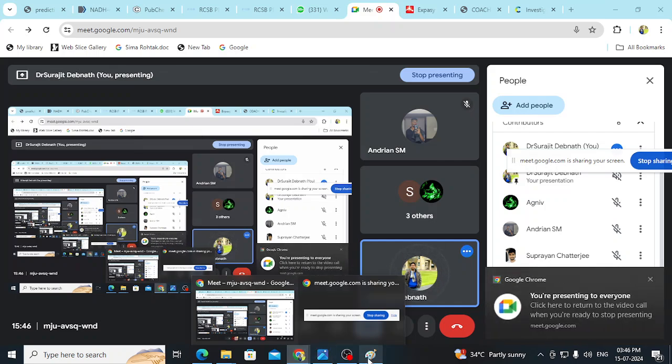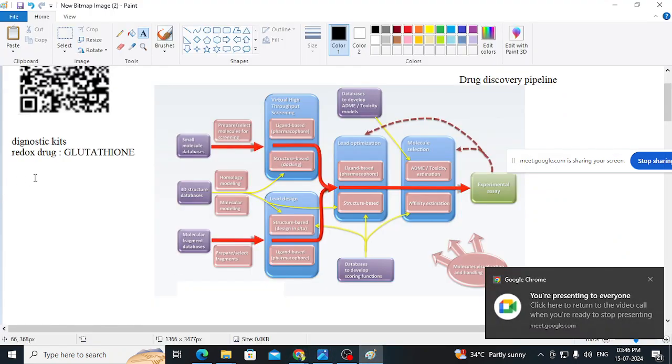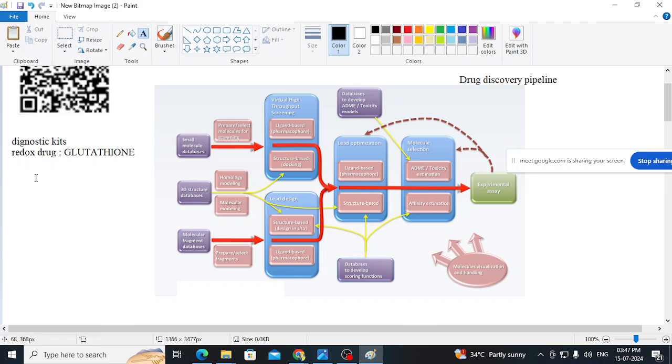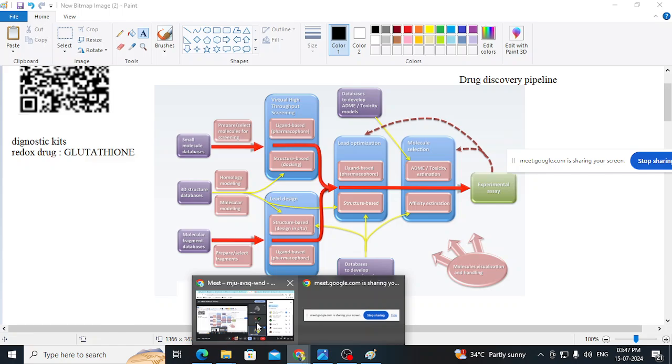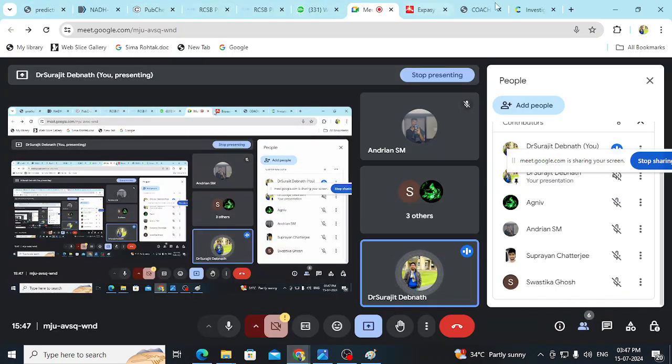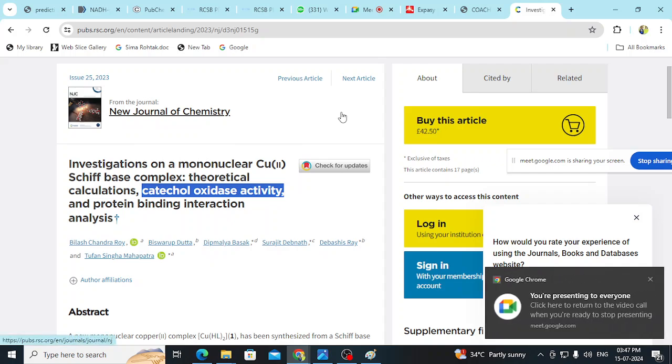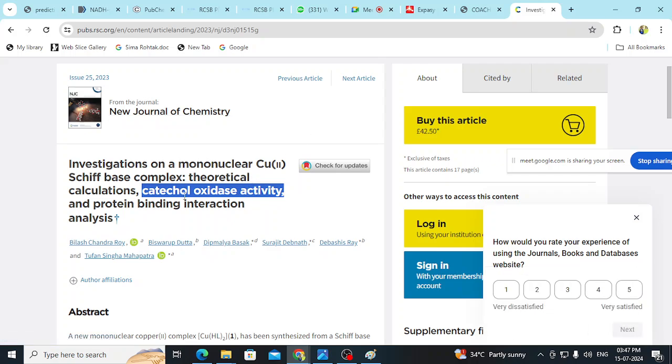Therefore there is huge stress on the liver parenchyma, and that oxidative stress is reduced by redox drugs like glutathione. So in this study we have identified this activity of this molecule, and if you want to have this catechol oxidase activity in the body, that is in the biological environment, you should have sufficient HSA binding.